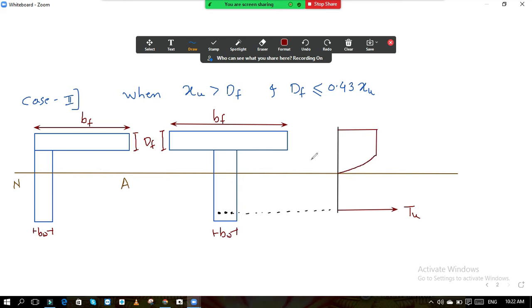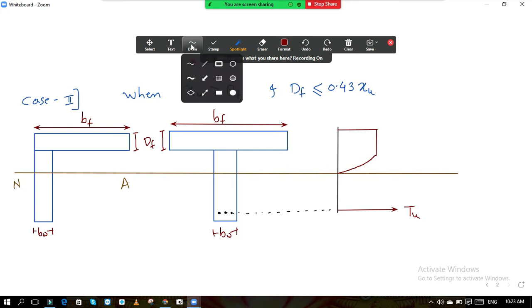From this point, this parabolic curve starts. This is straight and then this is parabola. So from the top up to this point where the parabolic curve starts, this is 0.43 Xu. Our compressive force in the case of beams acts just above this, at 0.42 Xu. Okay, so this is the diagram.